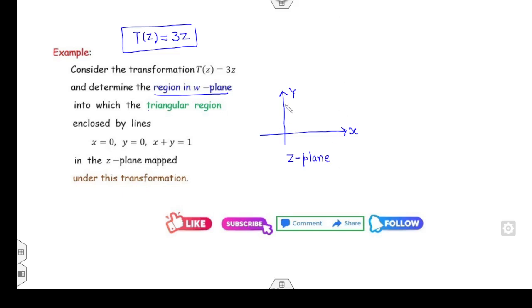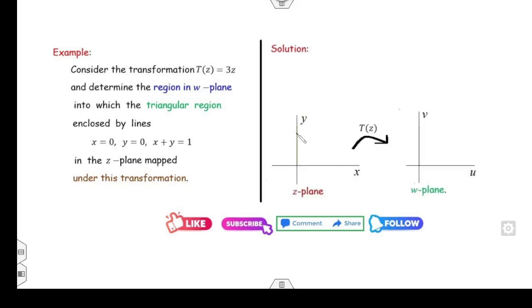Clearly, X is equal to 0, this is the line X equals 0, Y is equal to 0, and X plus Y is equal to 1. This is the graph in the Z plane. Your target is to find the image in the W plane by using the mapping T of Z.